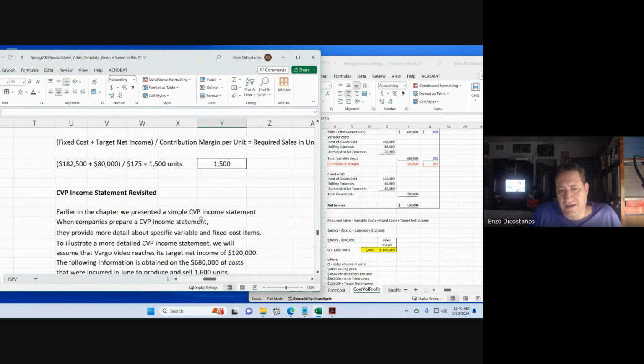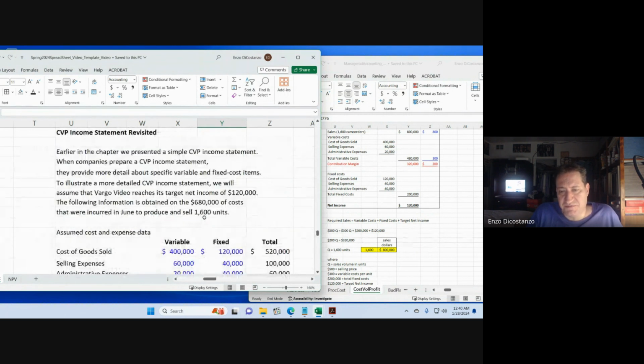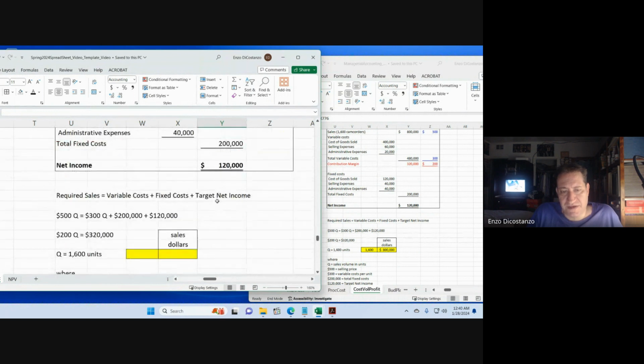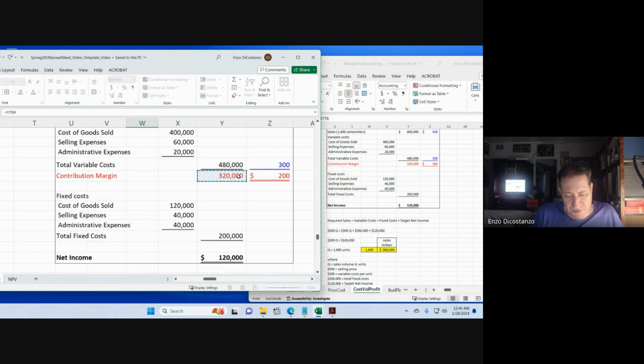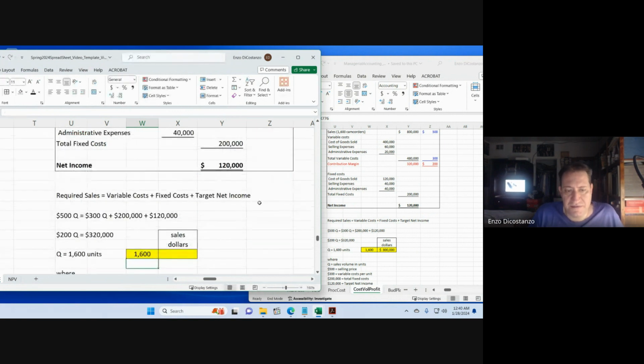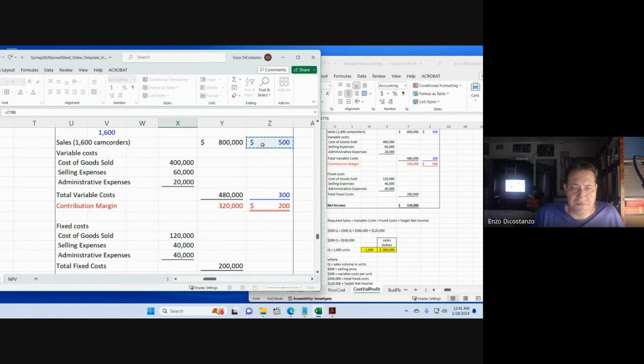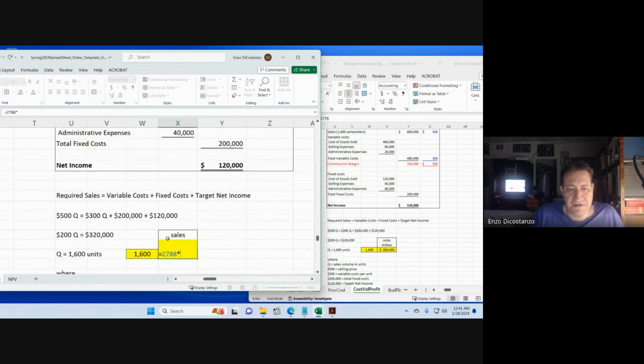But again, breaking up the pieces as we've discussed, in terms of the numbers here, we're trying to make 120. So this is going to be equal to 320 divided by 200, right? And this will equal 500 units. That's how you get your, right?